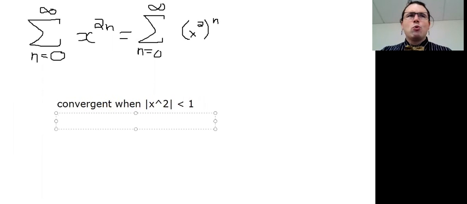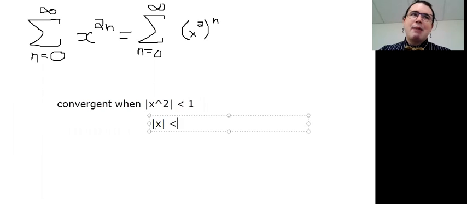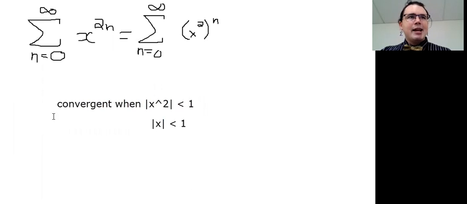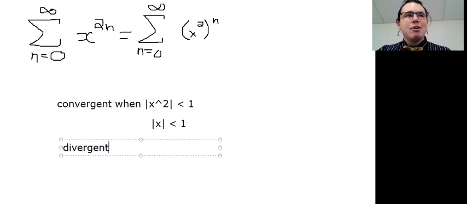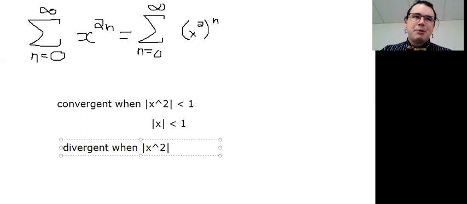Well, squaring that x, that's going to be the same as just having absolute value of x less than 1. And similarly, it'll be divergent when x squared has absolute value greater than or equal to 1.